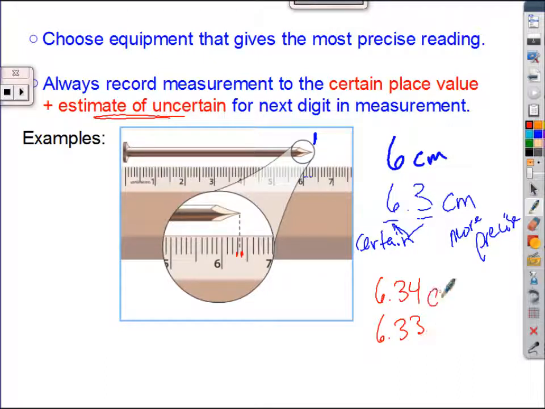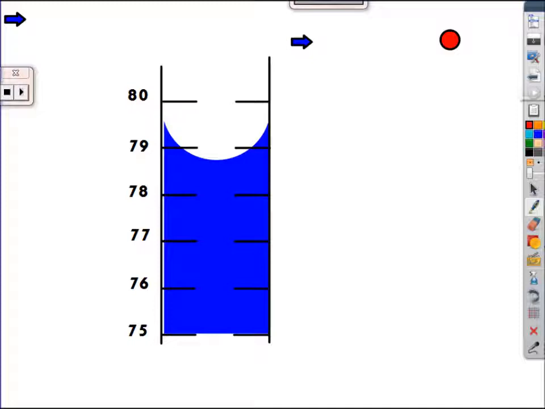This is where you get to decide which one you think it really is, and that's what you put down. This is the uncertain digit. All your measurements for all of your labs for the entire year should always include an uncertain digit. It gives us a more precise measurement, and as we talked about with significant figures, it tells us more information.